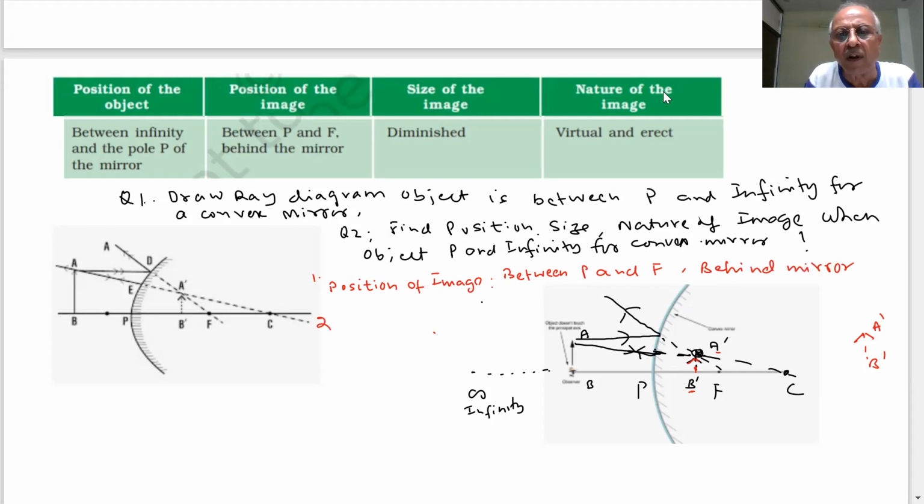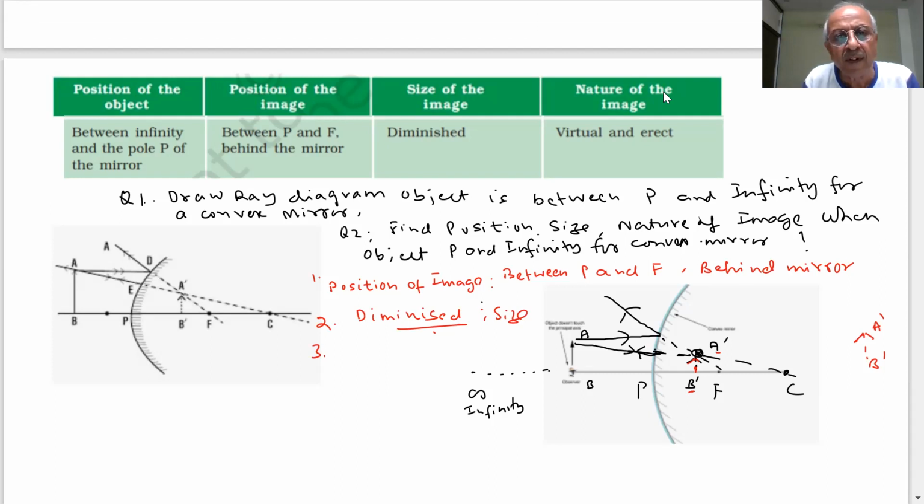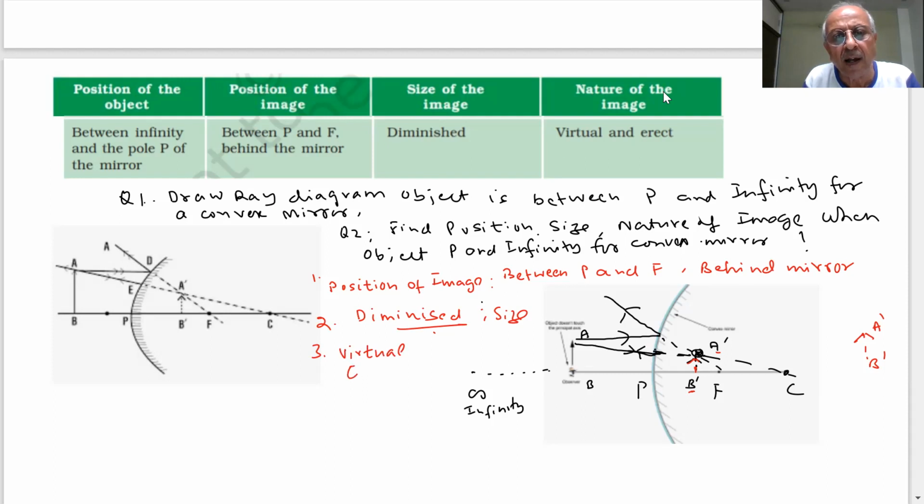Student, note down. Then what is the size of the image? Diminished. The image has become smaller in size. Can you see it? Yes or no? And what is the nature? It is virtual and erect.